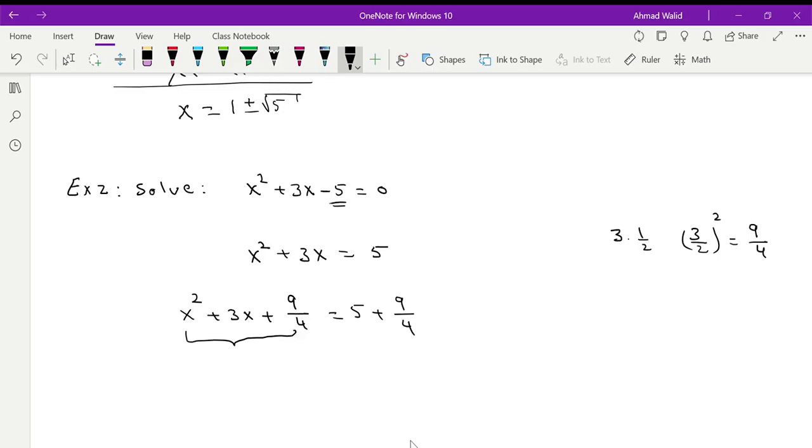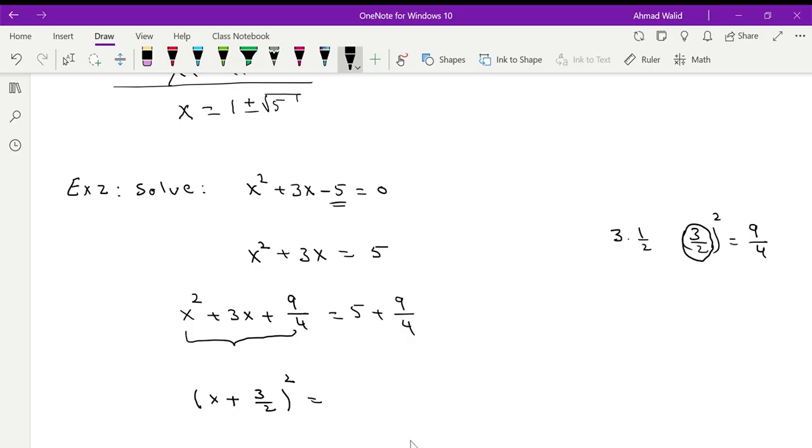Then open up parentheses, take the square root of the first term, sign from the second term, which is positive, and take the square root of the last term. What is the square root of 9 over 4? Of course, it's 3 halves. And put a square on the top of the parentheses.